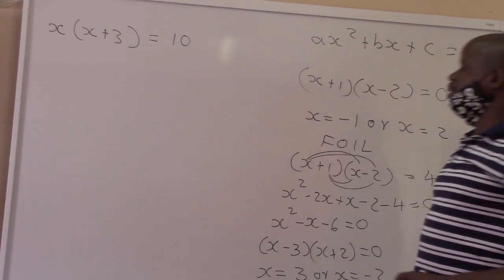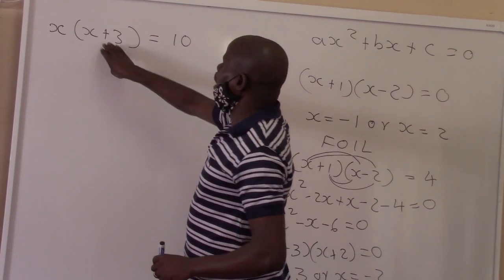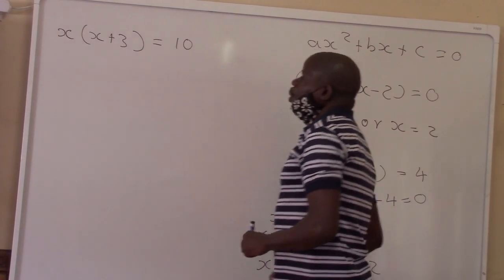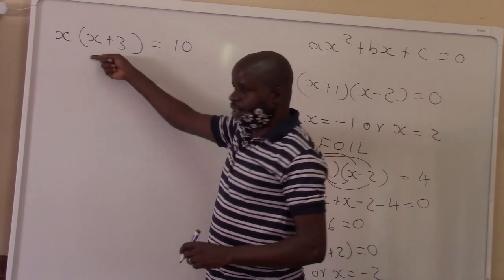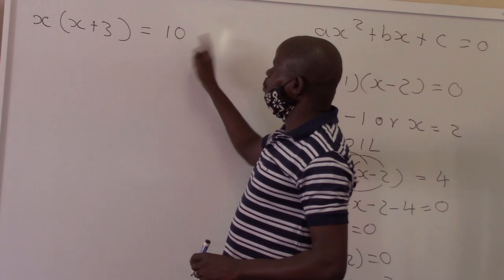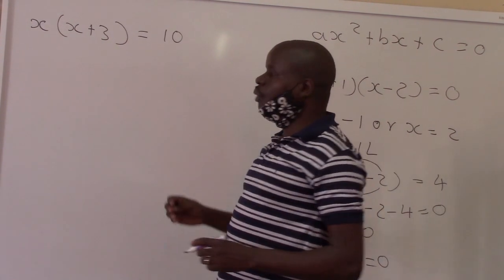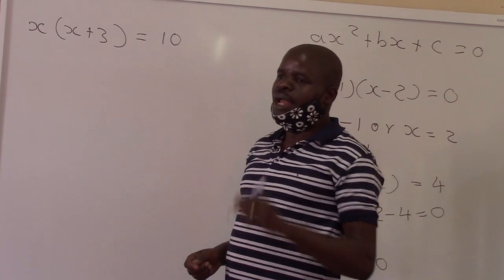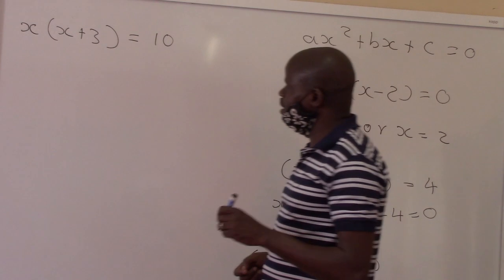Even this one, we cannot say x is equals to 10 or x plus 3 is equals to 10. No, what we need to do is to first find the product, then transpose 10, and then write it in standard form. Writing it in standard form is where we get our first mark.